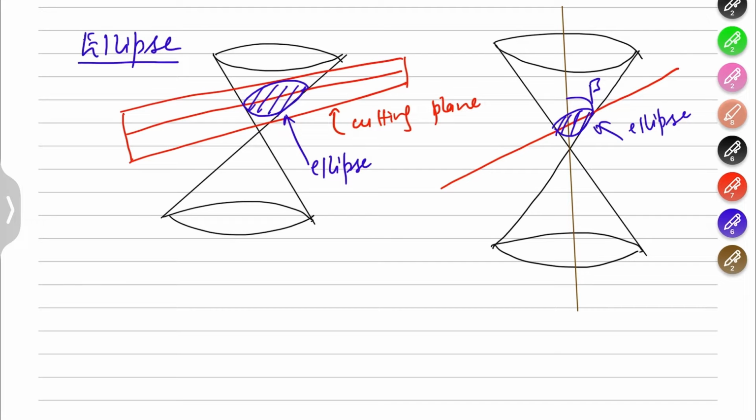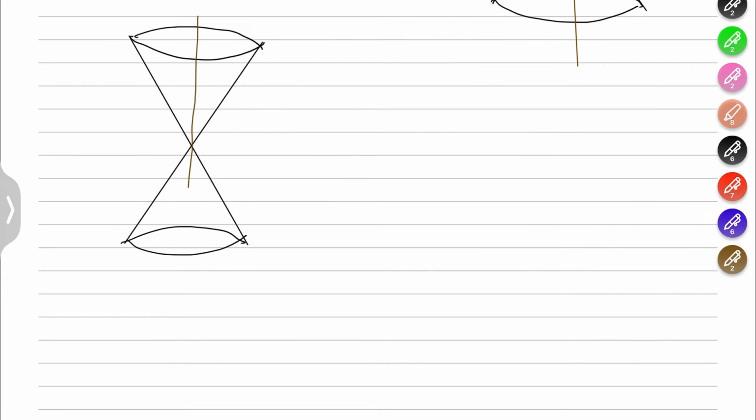Okay, so this is the axis of a cone. This angle is alpha, which is the angle between the axis of a cone and the generator, and our plane is something like this. This is the cutting plane.